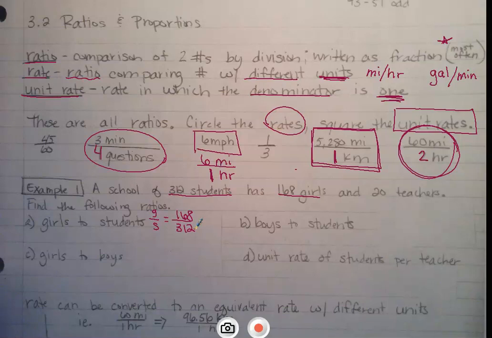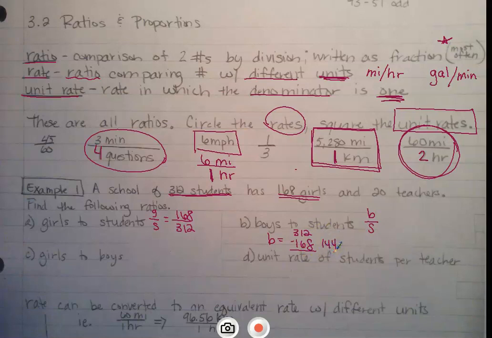B is boys to students. I want the number of boys to students. I might have to do some math, because I know there's 312 students and 168 girls, but I don't know how many boys. So the number of boys is going to equal 312 minus 168, which equals 144.